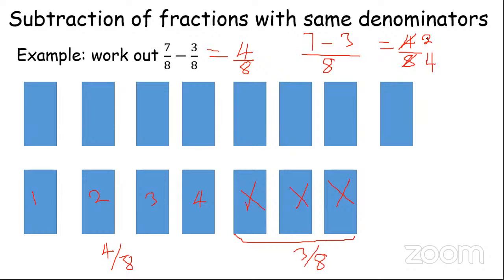And I think this one still has a number that can divide both of them. So what would that number be? Yes. So by 2 here it would give us 1, and by 2 it would give us 2. So finally our answer would be the same as a half.